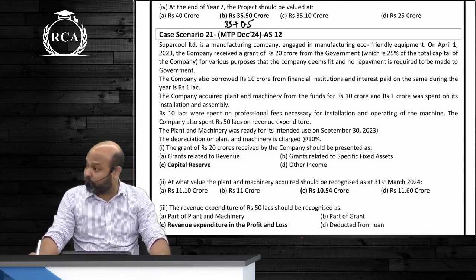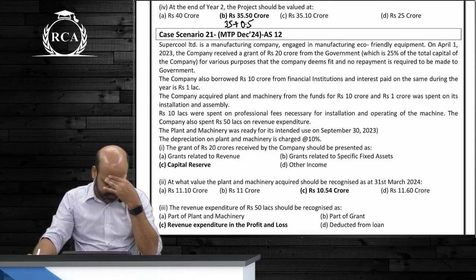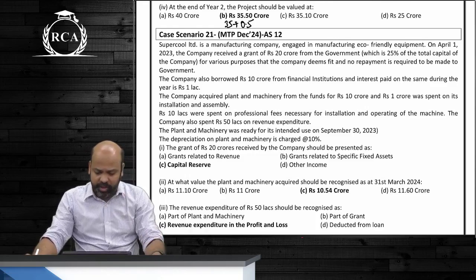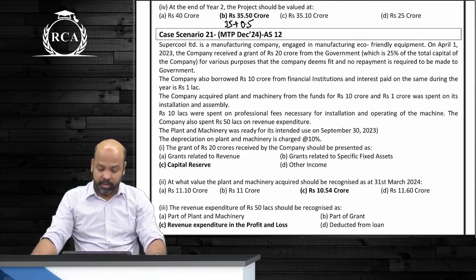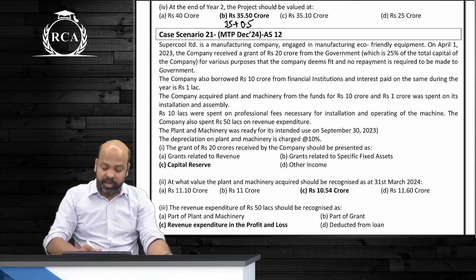That 1 crore rupees that you're spending on installation, is that an expenditure directly attributable? 10 lakhs were spent on professional fees necessary for installation and operating of the machine. Added, guys. The company also spent 50 lakhs on revenue expenditure. That goes to the P&L account.